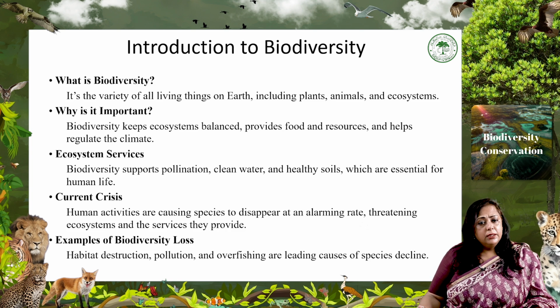Biodiversity is not only important to balance and regulate the climate, but it also provides ecosystem services. Biodiversity supports pollination, clean water and healthy soil, which are essential for human life. So, these services they are providing, and the current crisis with biodiversity is due to our own activity.